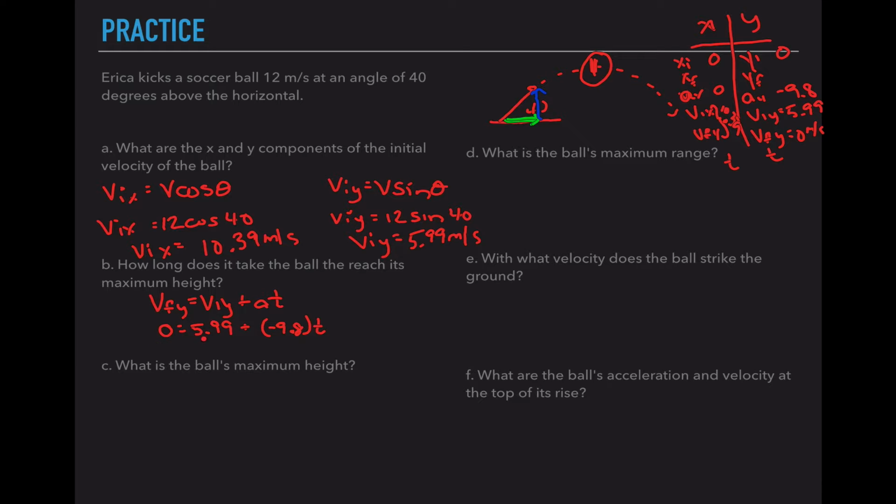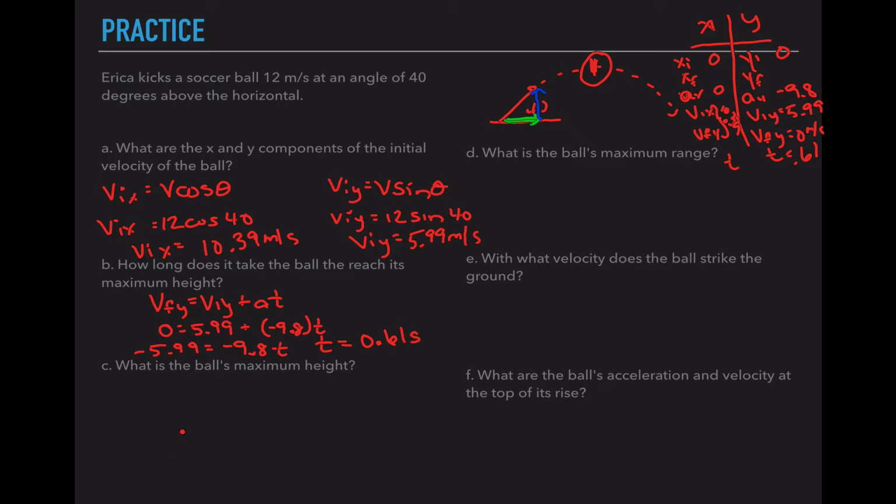I'm going to subtract over the 5.99. It's negative 5.99 equals negative 9.8 times t. And then I'm going to divide negative 5.99 by negative 9.8. And my time is 0.61 seconds. So I'm going to use that here.